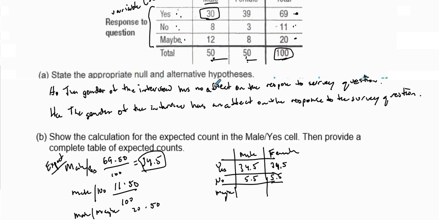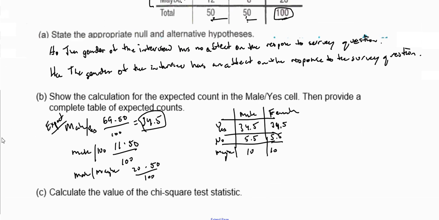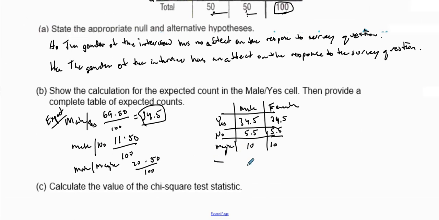Because we know that there is no difference between them, because they have the same amount in each one. So we divide this by 100, and we have 20 times 50 divided by 100, and we have 10. Because these counts are the same, and we are assuming that we don't have any difference, we have our expected values, which are located here.